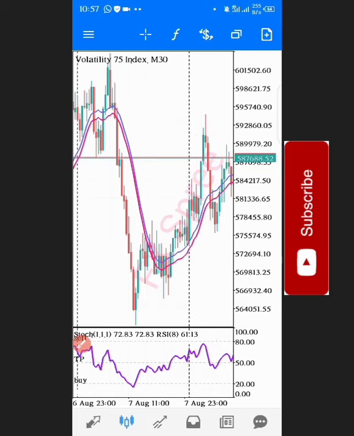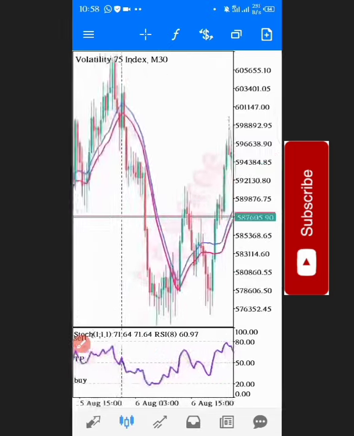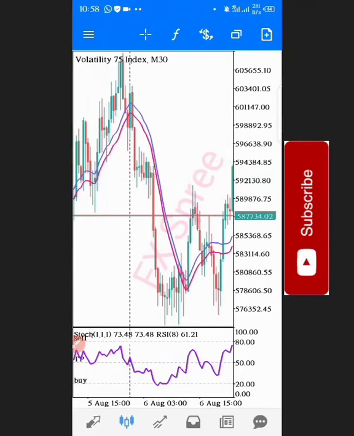Now let's look for another opportunity, another buy, another sell opportunity. Right here, we have it touching level 20, but we cannot enter immediately. We need to wait for confirmation. And that is here you enter.